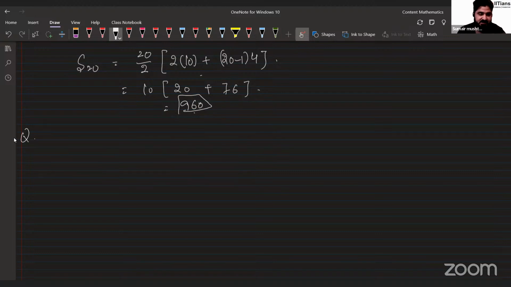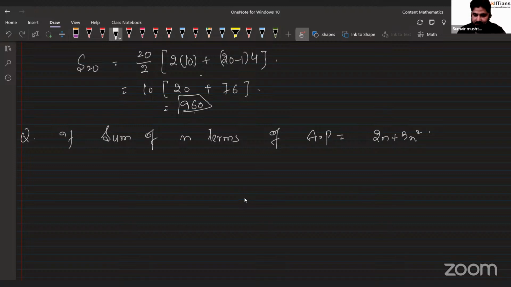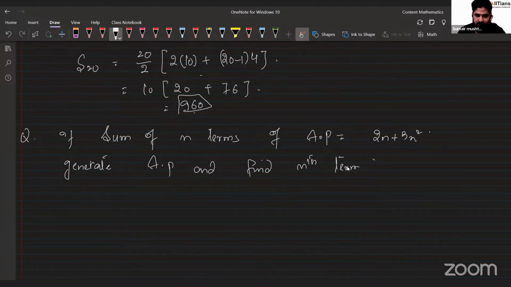That means sum of n terms is given in the form of n. If the sum of n terms of an AP is equal to 2n plus 3n square, what you have to do? Generate the AP and find the nth term. You need to find the nth term as well. Simple, simple as it is.